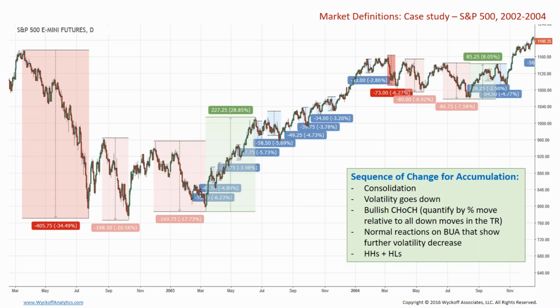A V bottom has a specific way of how it unfolds, so you have to understand that. You have to understand the oversold condition extremely well and how it's being reversed. And you can do this in either of the time frames, either an intraday time frame or a daily time frame.